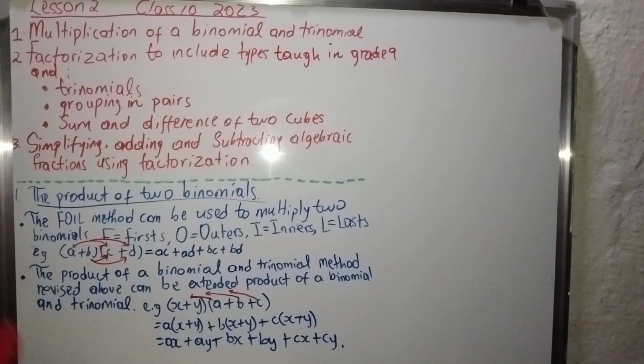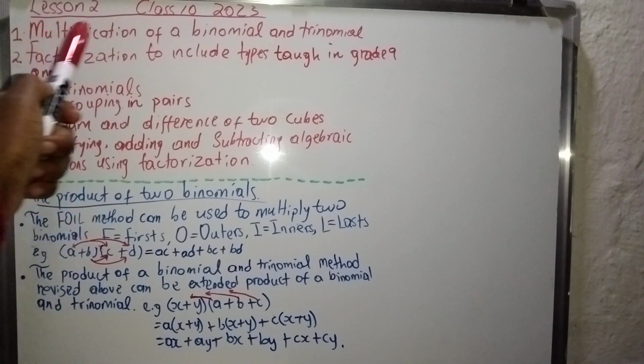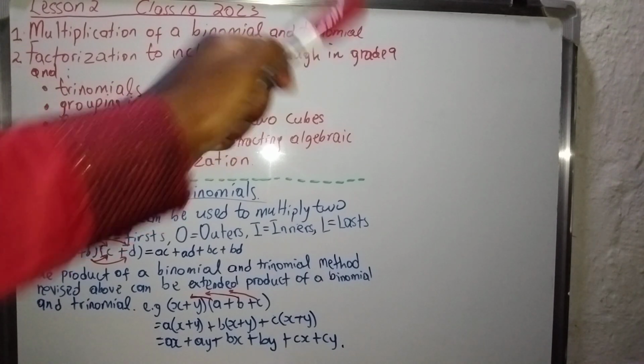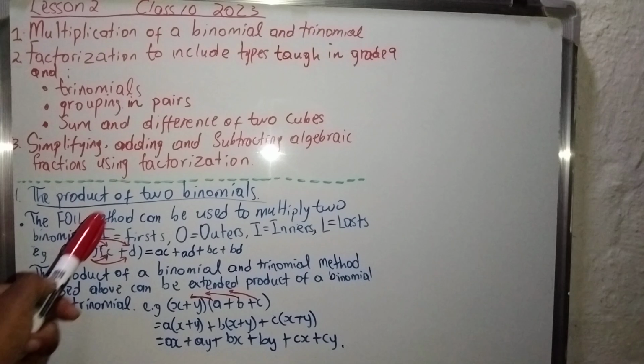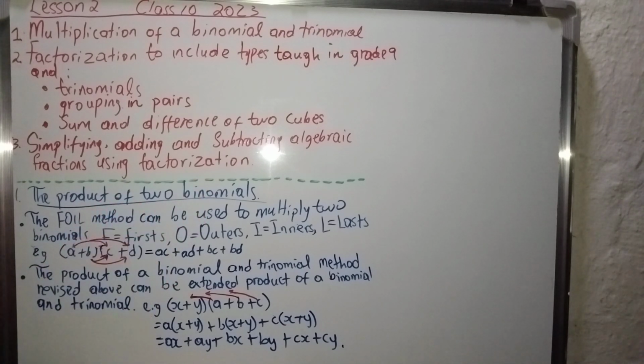Okay, so now I want us to look at the first one, that is the multiplication of a binomial and a trinomial. Under this, we'll be looking at the product of two binomials.